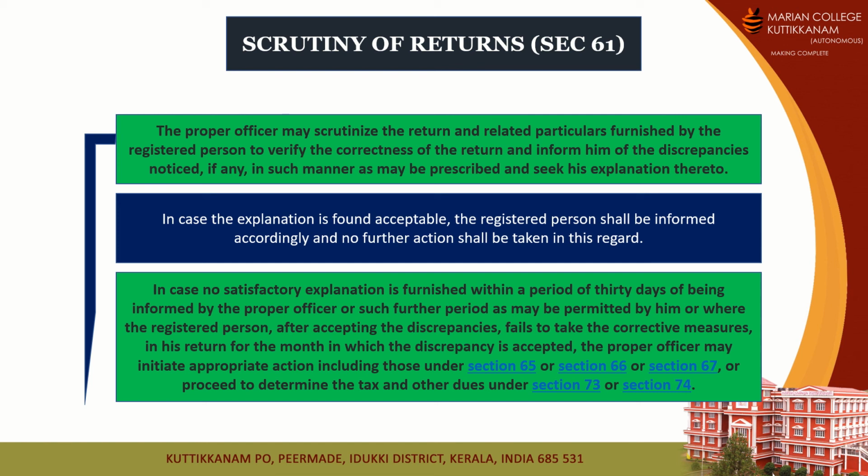Then serious actions will be initiated by the proper officer, including those under section 65 or 66 or 67, or he may proceed to determine the tax and other dues under section 73 or 74. So any of these measures can be taken by the proper officer. Okay. So that is regarding the provisions and rules related to scrutiny of returns.